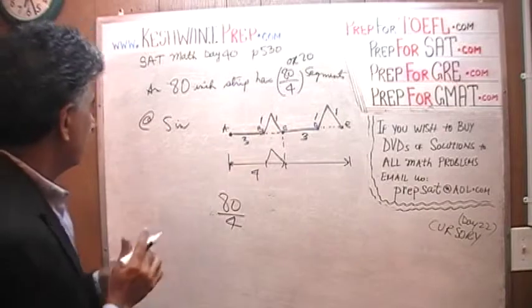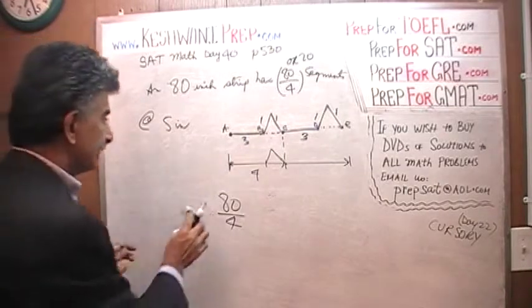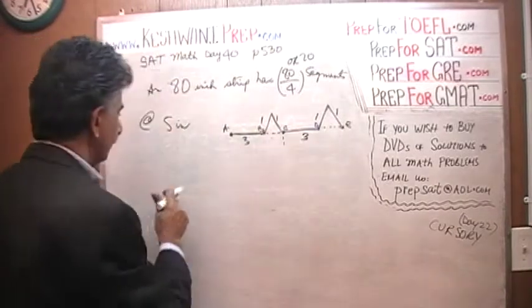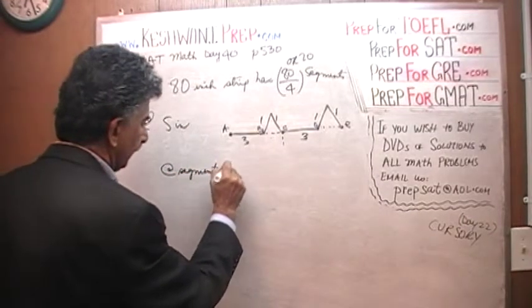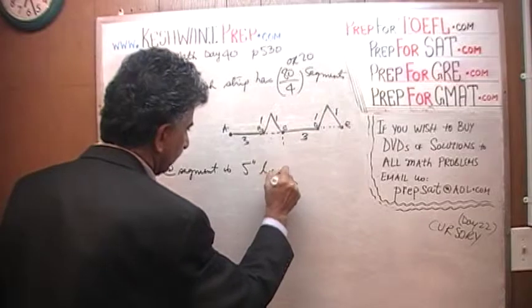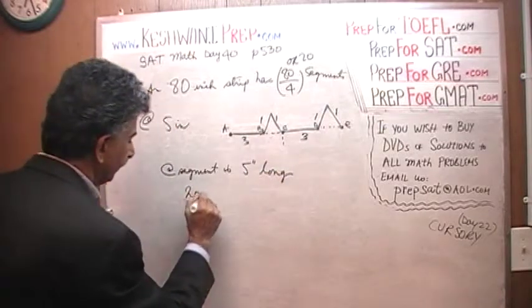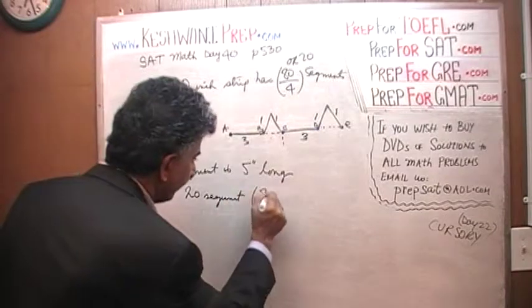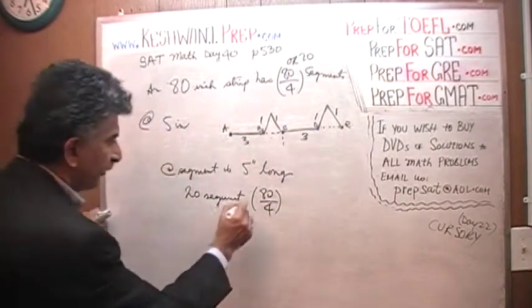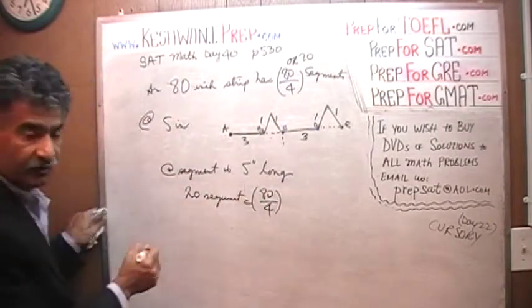And each segment is 5 inches long. Where do we get 20 segments? That comes from the fact that 80 divided by 4 is 20 segments. And each segment is 5 inches long.